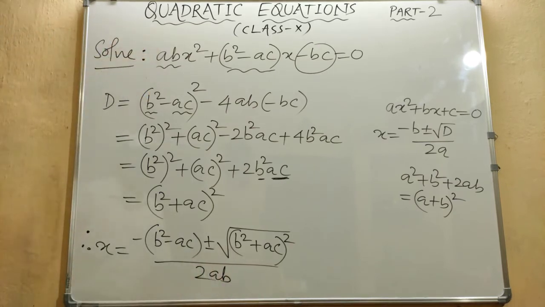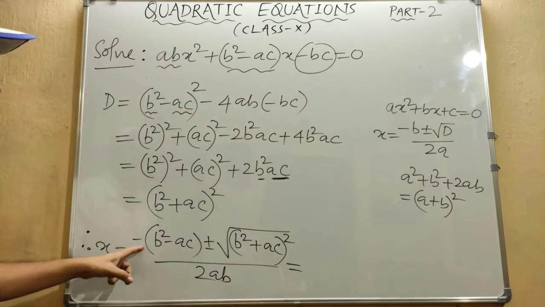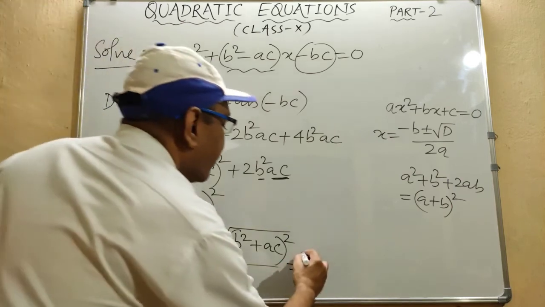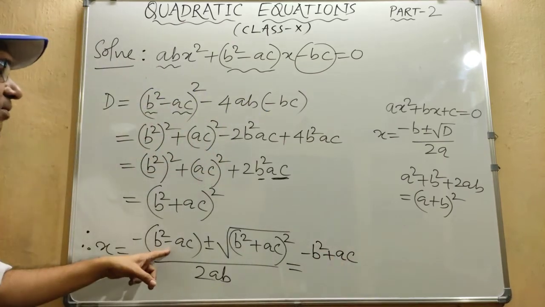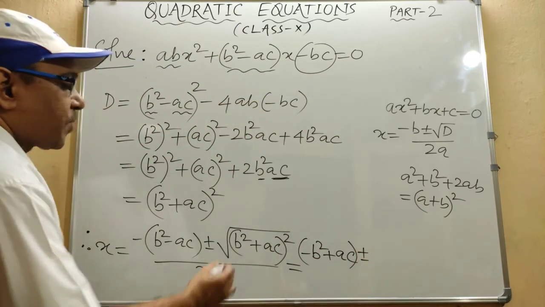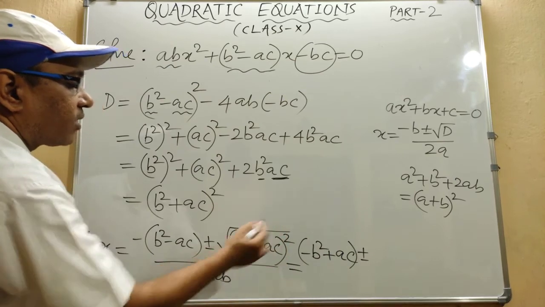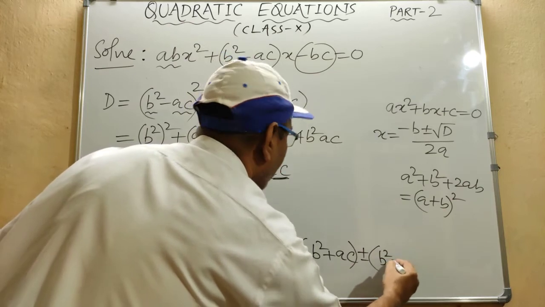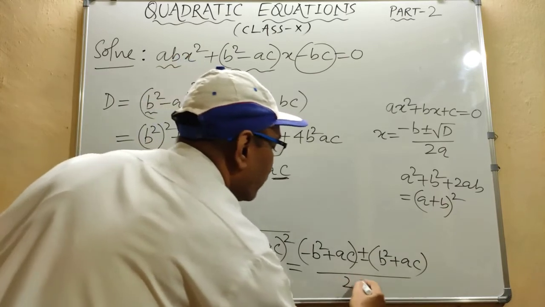I hope you have understood how it is written. So now minus within bracket b square minus ac, remove the bracket, then you will get minus b square plus ac, then plus minus, here b square plus ac whole square, and root and square both will be removed together, so b square plus ac by 2ab.